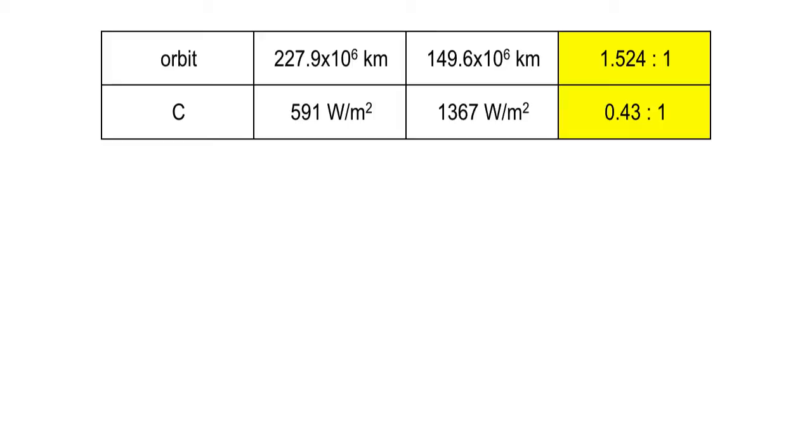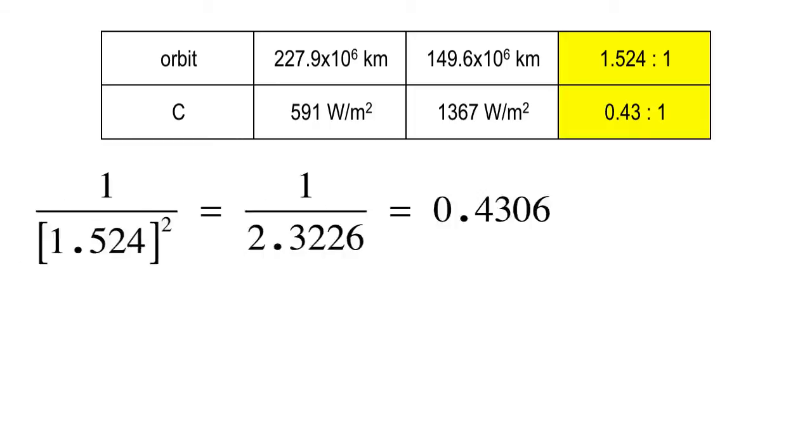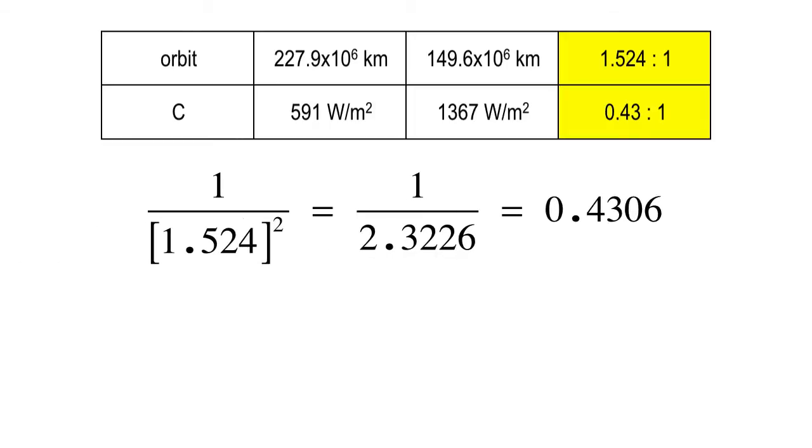And Earth's semi-major axis, of course, is exactly 1. Is that related to this 43% dilution factor? Answer, yes. And here's how you can see it.